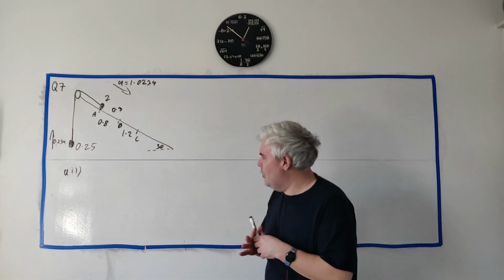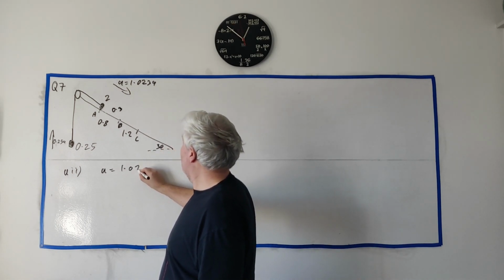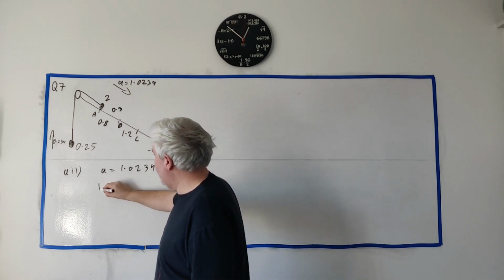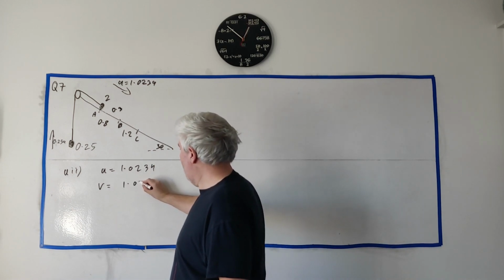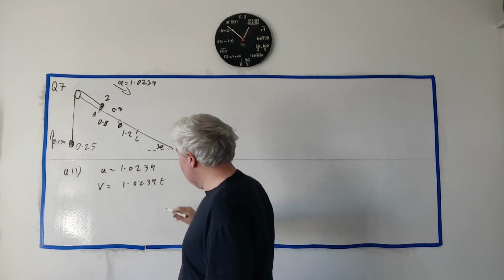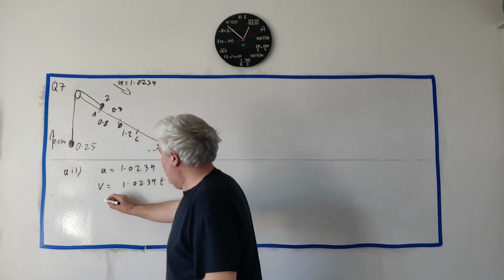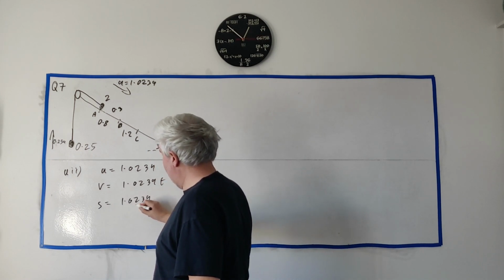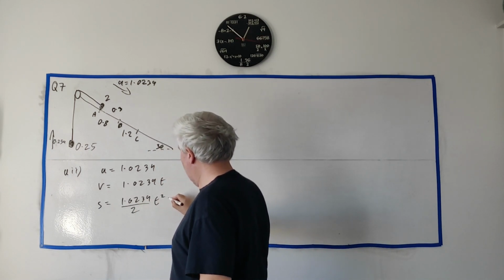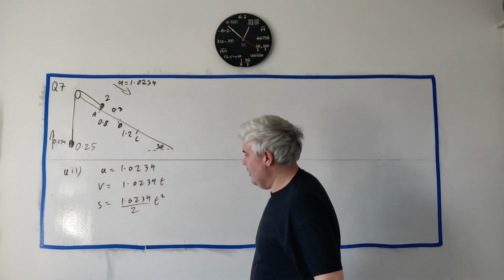How I personally would do it is I would use A is equal to 1.0239, then I would integrate to get V. V is 1.0239 t plus initial speed, which is 0, and S is equal to 1.0239 over 2 t squared plus the initial displacement, which I will put in as 0.